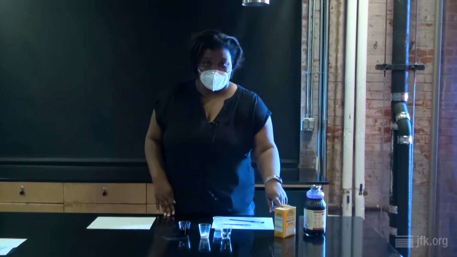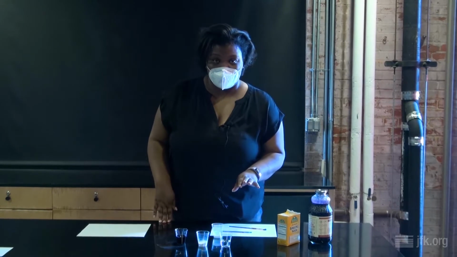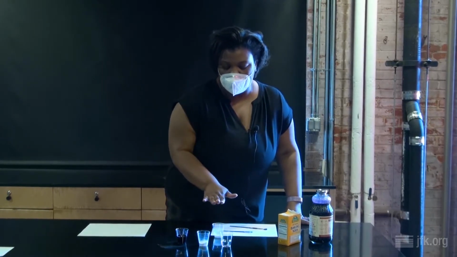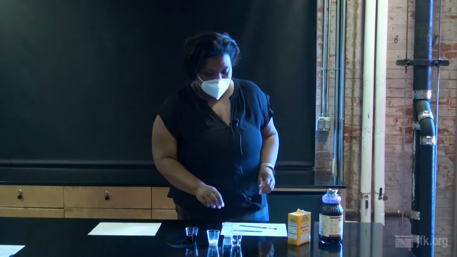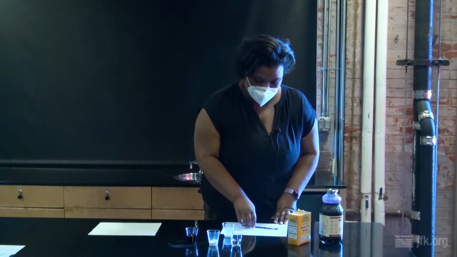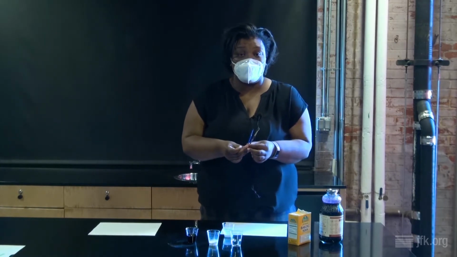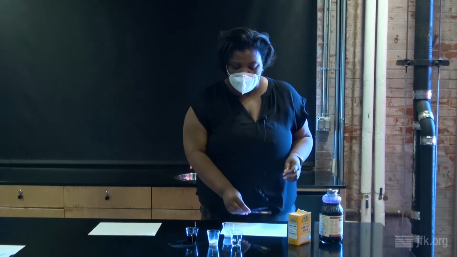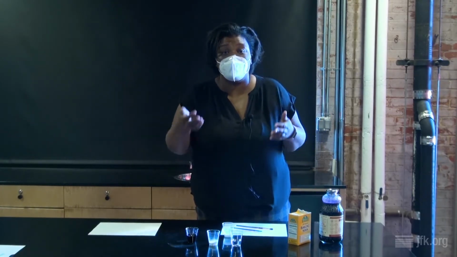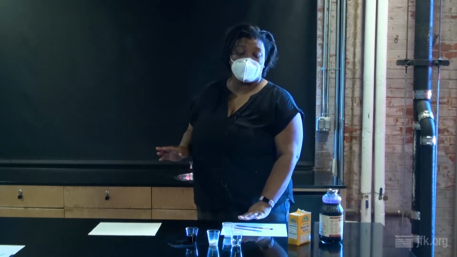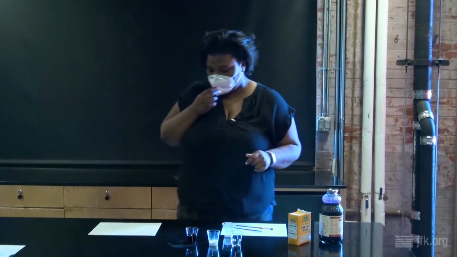You'll need baking soda, and you'll need water. You'll also need at least 3 small cups. Now, I am using 2 small paint brushes for my writing utensils, but you can use Q-tips. You can use your finger if you want to, but I'm choosing to use small paint brushes, okay?